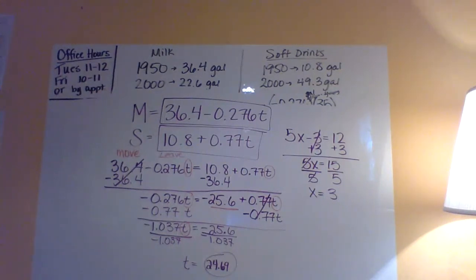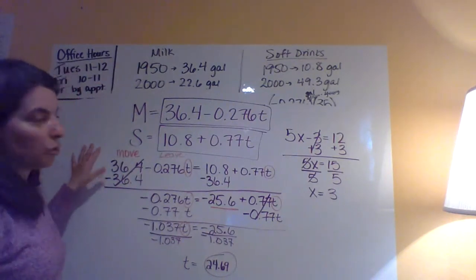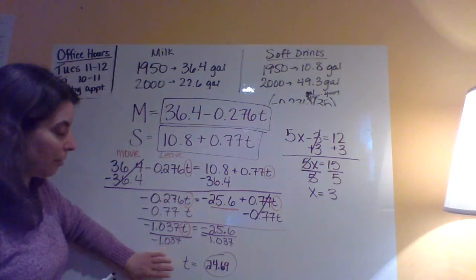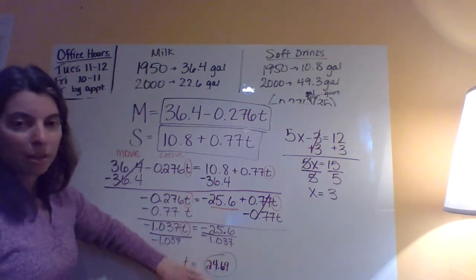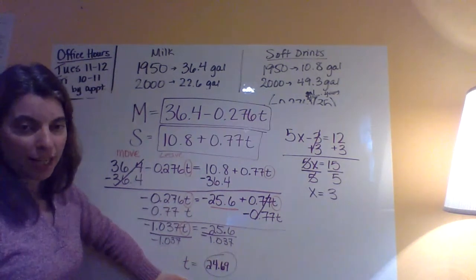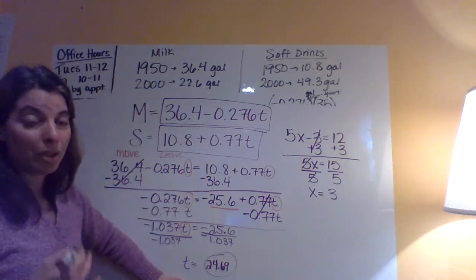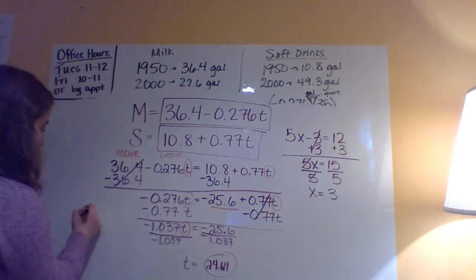So what is t? T is the number of years after 1950, right? Remember, we're trying to figure out when the two amounts of strengths are going to be the same. 24 point something years after 1950. So this is partway through 1974, right?